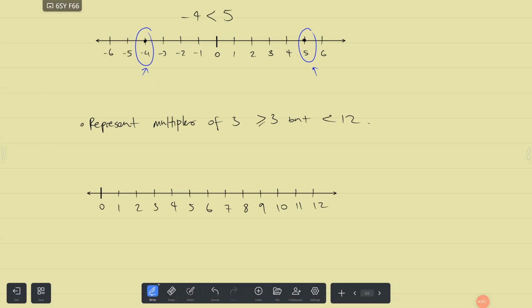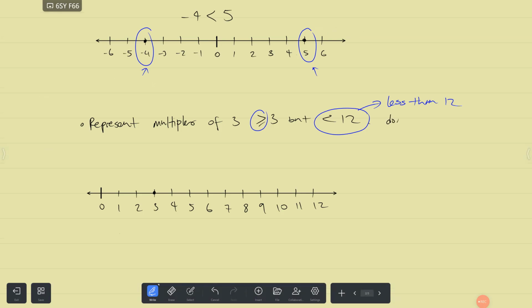So here we have an example of a question. Represent multiples of 3 that are more than or equal to 3 but less than 12. If you look at this first part, do you take 3? Well, you can take 3. Because it can equal 3, you put a black dot on 3. If you look at the end, it says that it's less than 12.